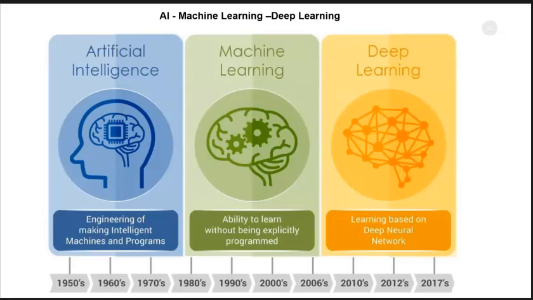Before we move to the applications of artificial intelligence, we need to understand the relationship between artificial intelligence, machine learning, and deep learning. As we can see, the first notion or concept that emerged is artificial intelligence, and then machine learning in 2006, and then deep learning in 2017.